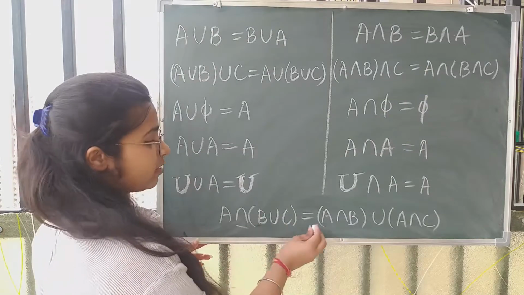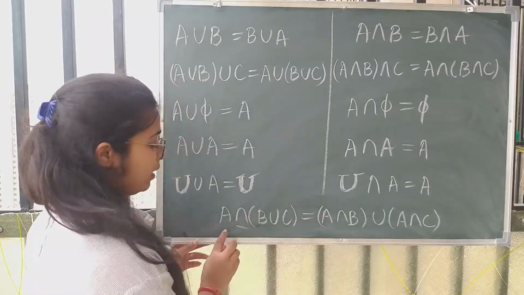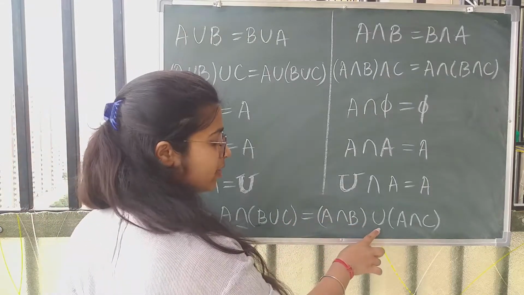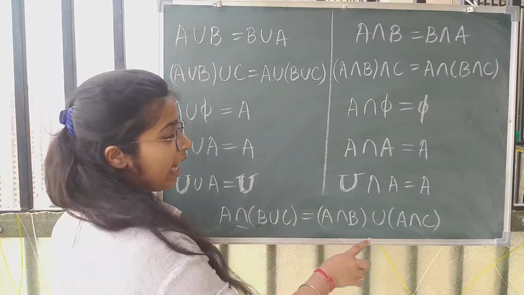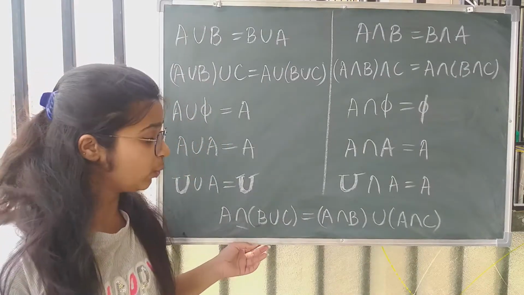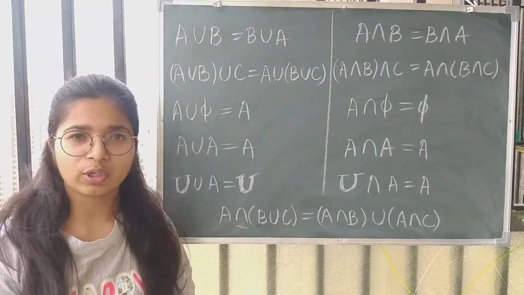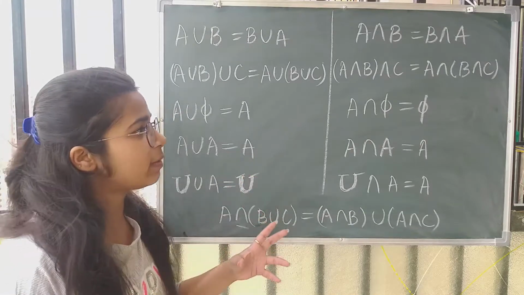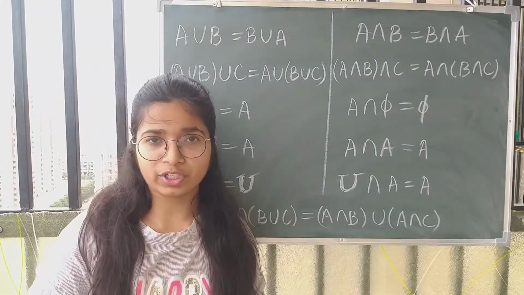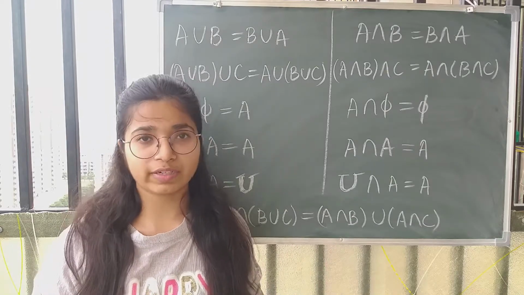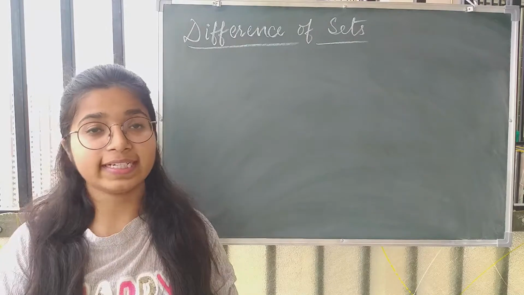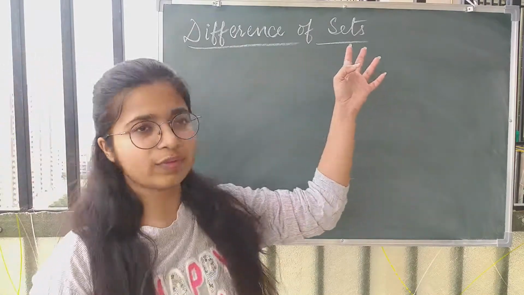I can write this as A intersection B, that means distributing this intersection firstly to B, and then I put the symbol union, and then I distribute the intersection to C. So union and intersection also follow the distributive law. These are some very important properties which also help you to solve many questions and write down the proofs of various questions. So another operation which we study on sets is the difference of two sets.